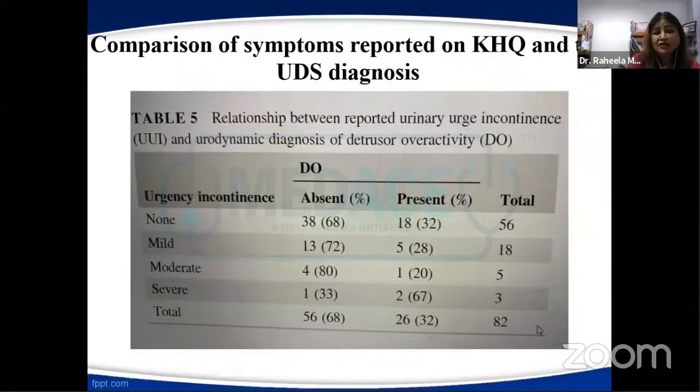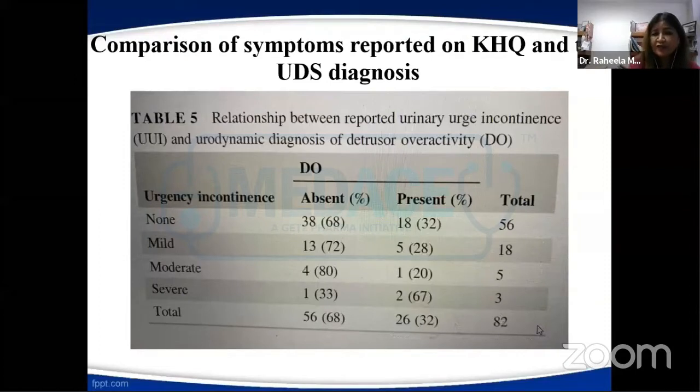There's the same study where they compared the King's Health Questionnaire in London with the urodynamic diagnosis. Now look at this patient symptomatology. How unreliable is this? The patient is saying that I have absolutely no urgency incontinence, and your urodynamics says yes, it was present in 18. When the patient says I have a mild incontinence, the urodynamics says it was present in 5.